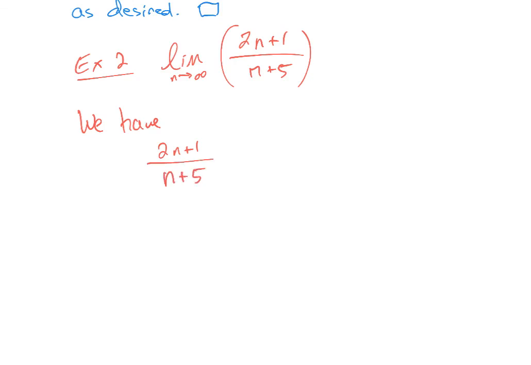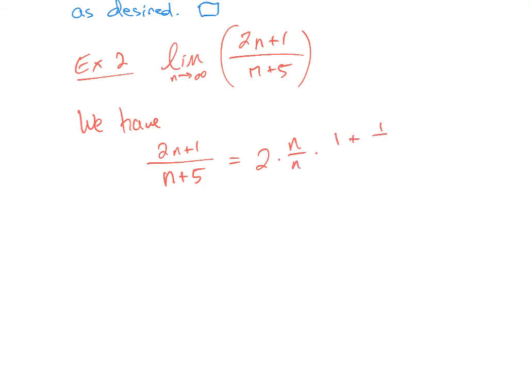Now we can't do a division thing here because the limit of the numerator is infinity and the limit of the denominator is also infinity. But we can pull out a 2 and an n over n like I did before.